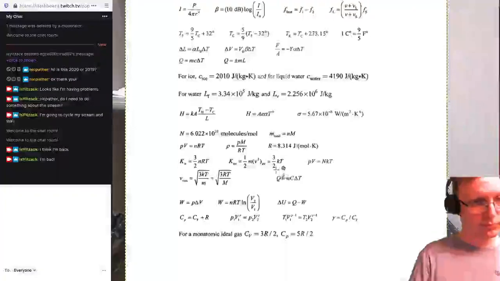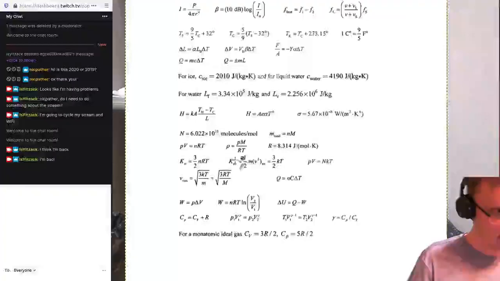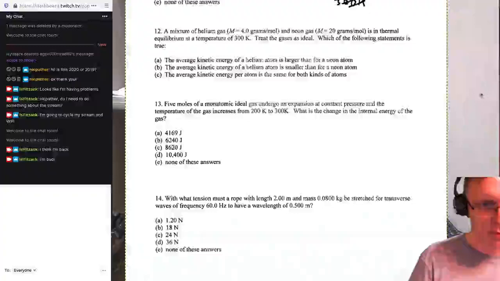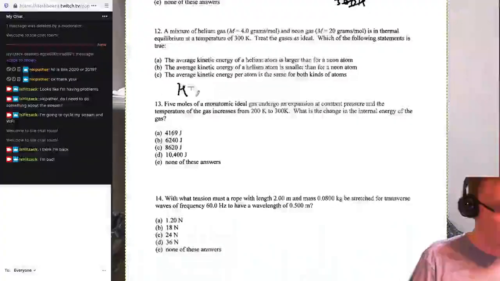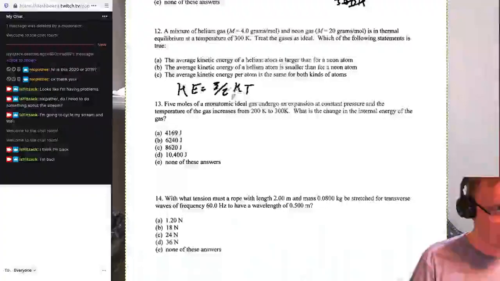So kinetic energy is equal to 3/2 kT. Oh, mass of these two things has nothing to do with this equation at all. Therefore, kinetic energy is equal.